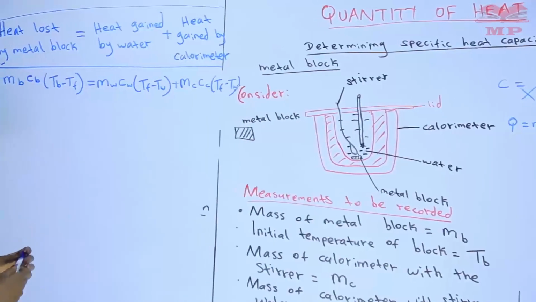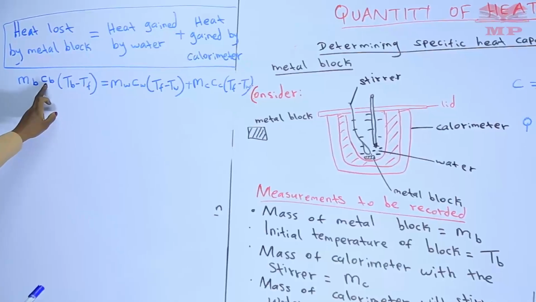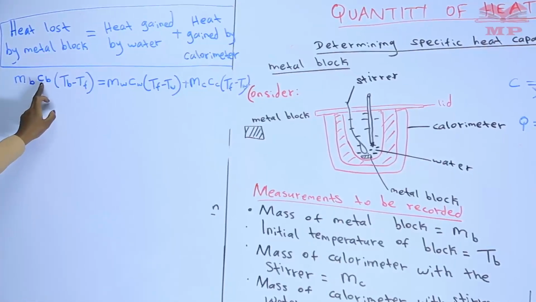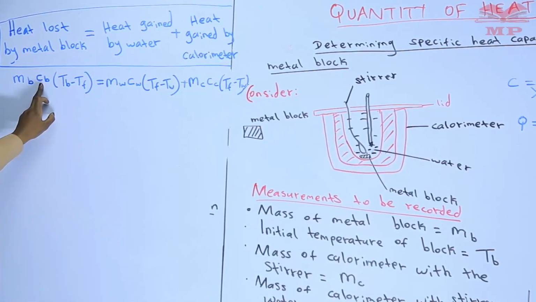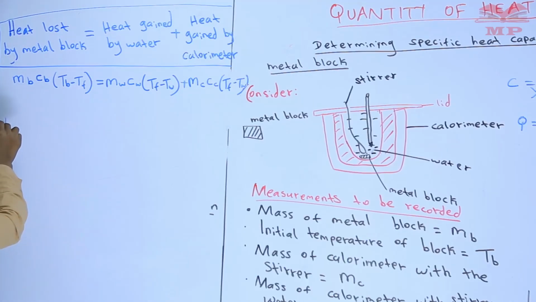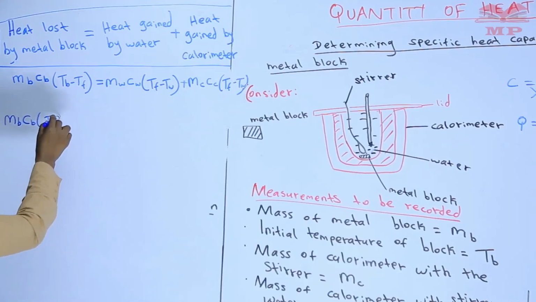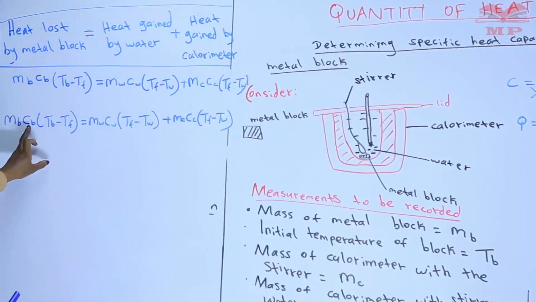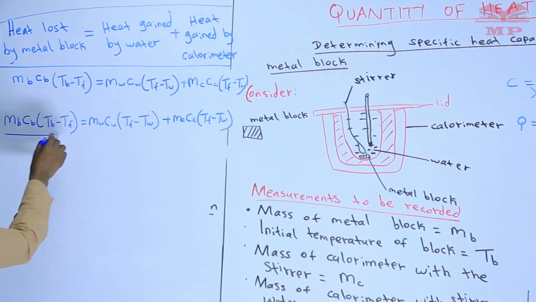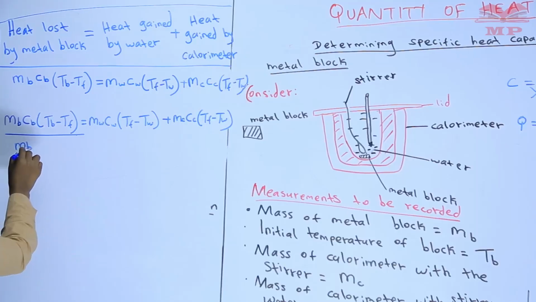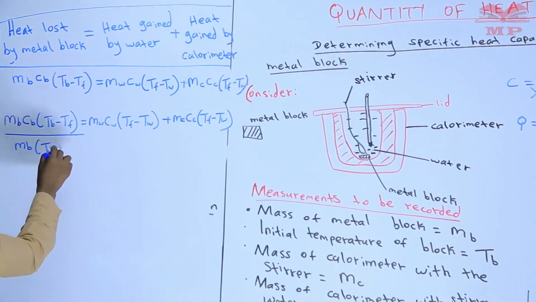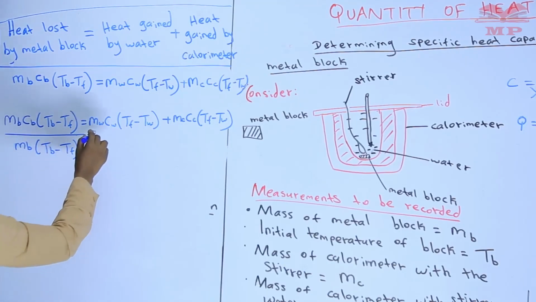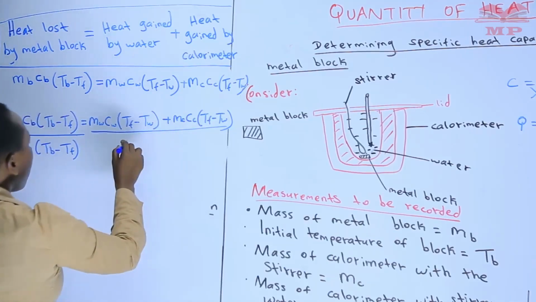From this equation, it is clear that we can now get the specific heat capacity of the metal block, because in this we have MB, specific heat capacity. So when we want to get the specific heat capacity of the metal block, you simply divide both sides by MB times TB minus TF.